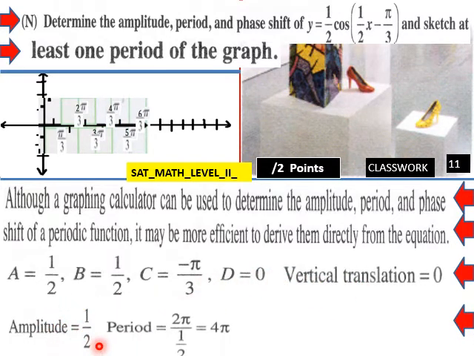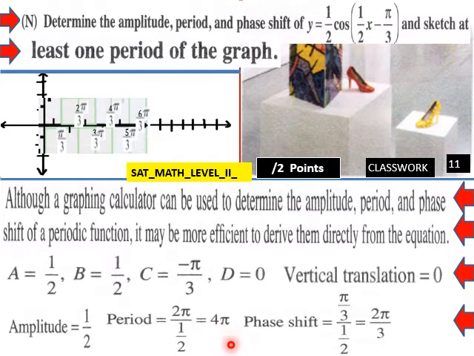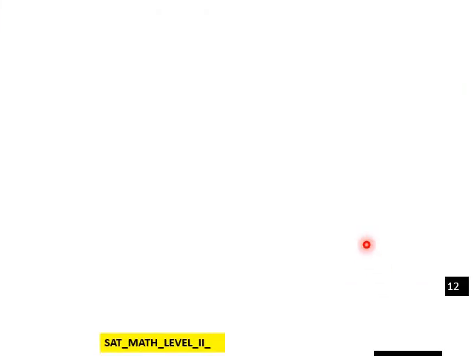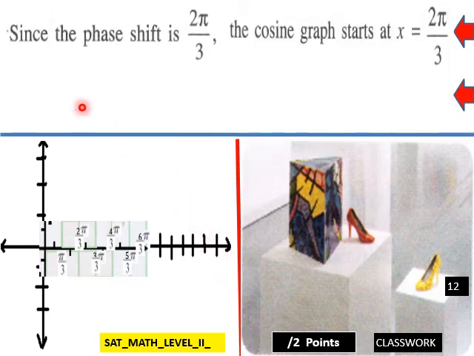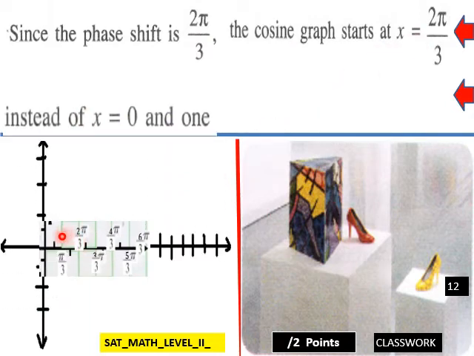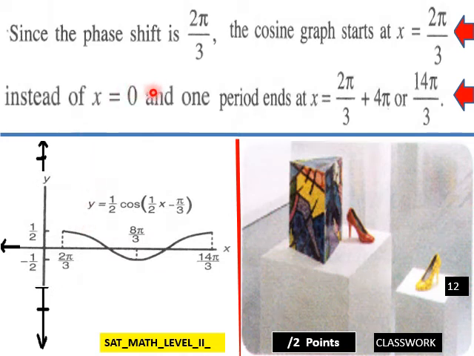So amplitude is 1/2, period is 2 pi over 1/2, which will equal 4 pi. And then our phase shift, pi over 3 over 1/2, will equal 2 pi over 3. Knowing that, we can graph it. Since the phase shift is 2 pi over 3, the cosine graph starts at x equals 2 pi over 3 instead of x equals 0.